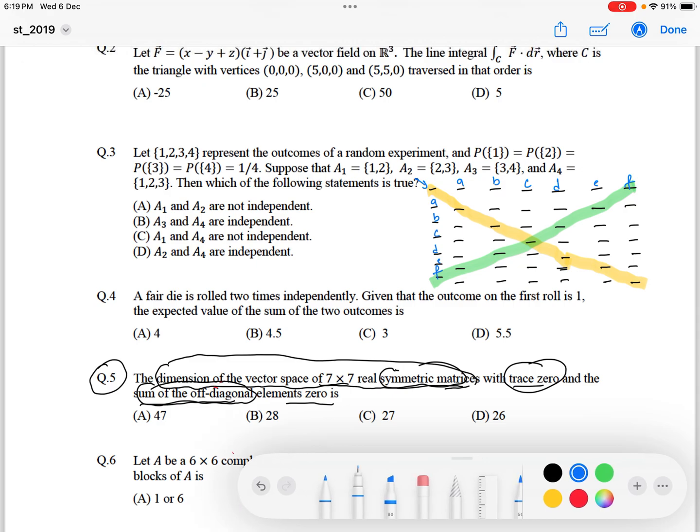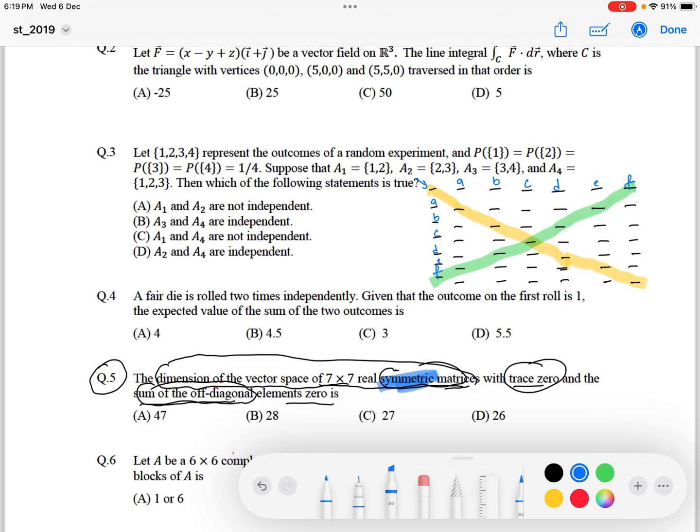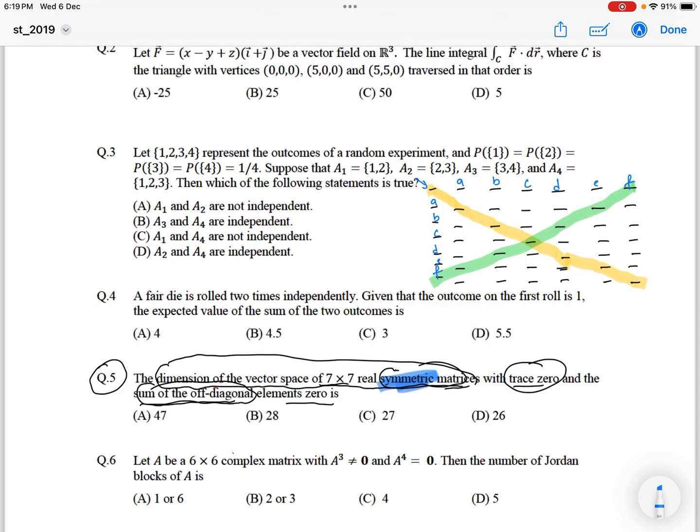So with the symmetric condition, if we know these elements, then we also know those elements.